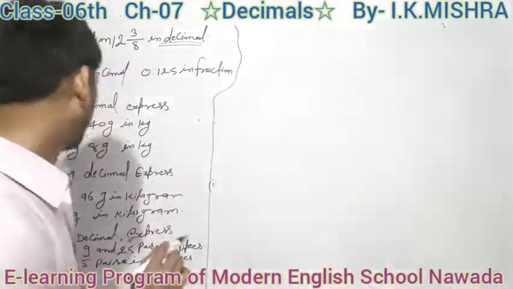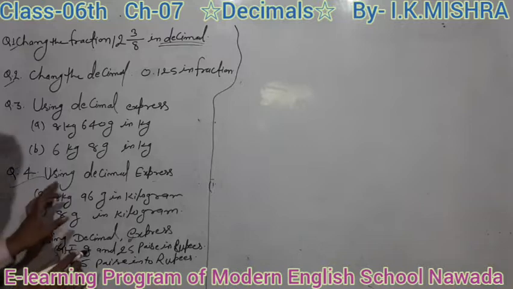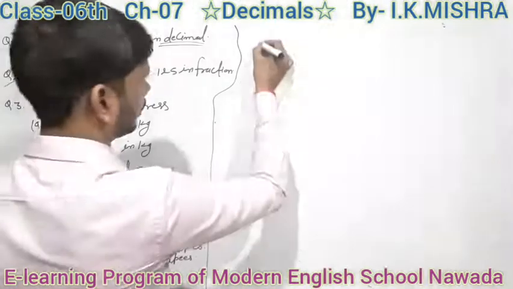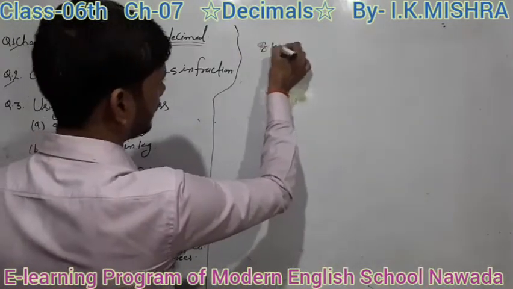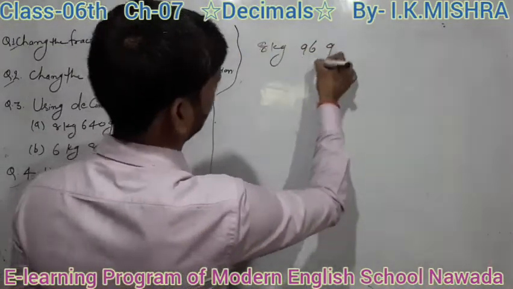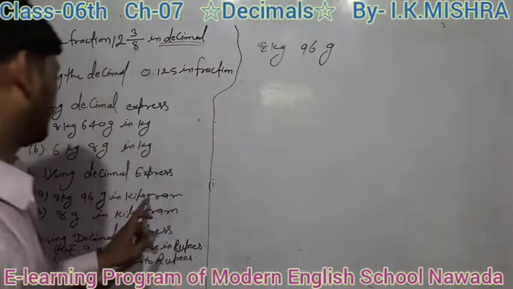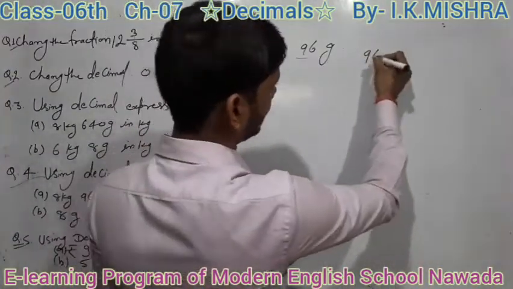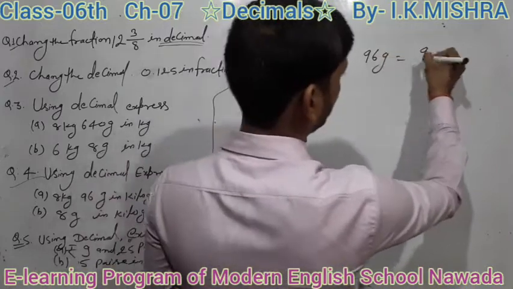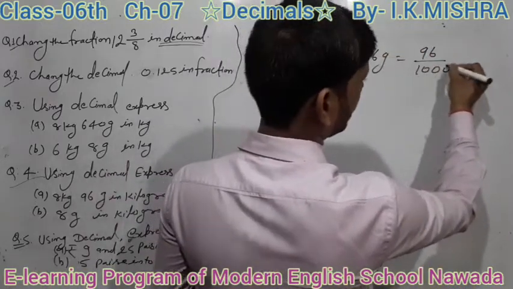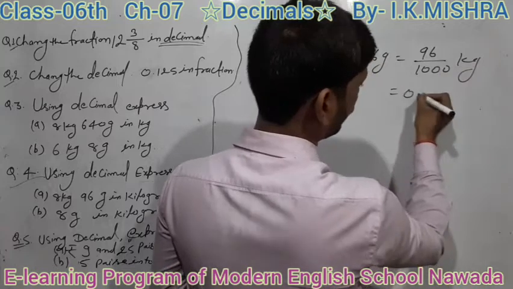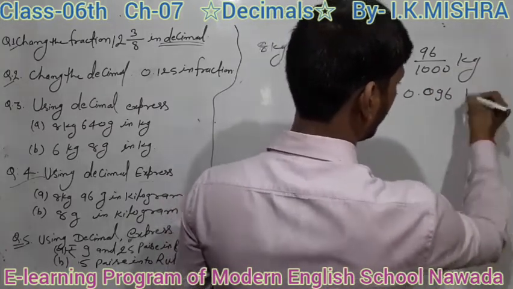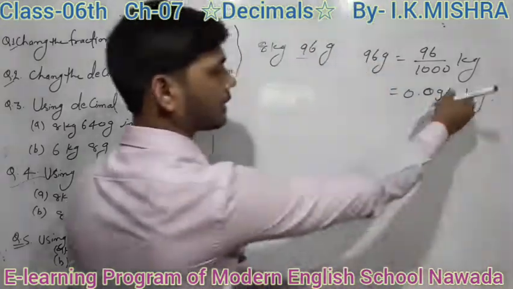In question number 4, using decimal express 8 kg 96 gram. Students, you know, 8 kg 96 gram into kilogram. That means first of all, 96 gram is equal to 96 by 1000 kg, that means 0.096 kg.